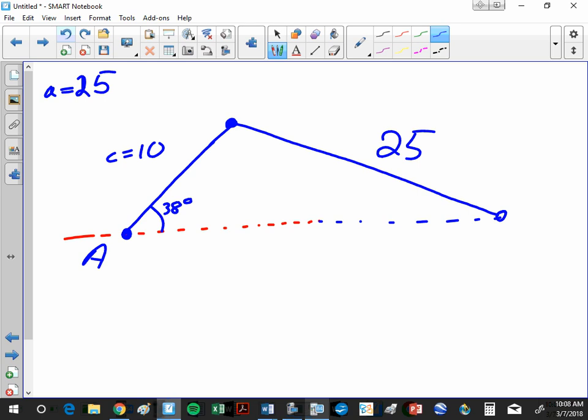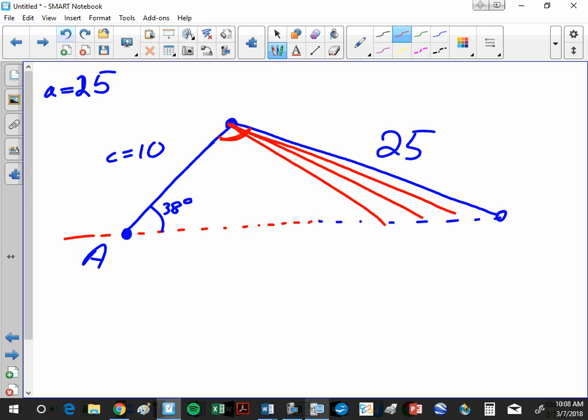But what happens as I make that second side shorter? So watch this. And again, this angle right here can be anything. We don't know what it is, so that side can swivel. If I make it 24, do I still have a triangle? Yes. 23, 22, 20. What happens when I get around 10?